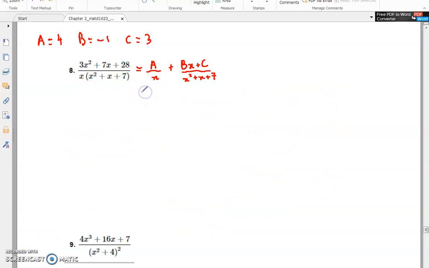Okay, we already get the value of A is equal to 4, so it will be 4 over x. 4 over x plus b is negative 1 multiplied by x, so you are supposed to get here minus x plus c, so c is positive 3 over x squared plus x plus 7.